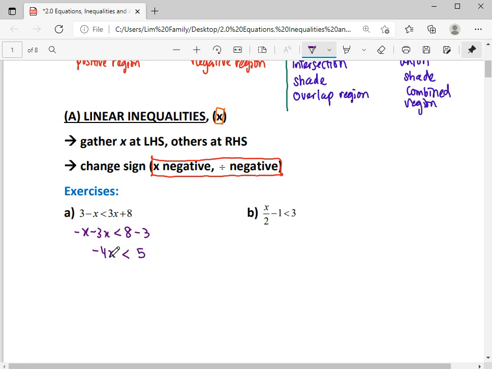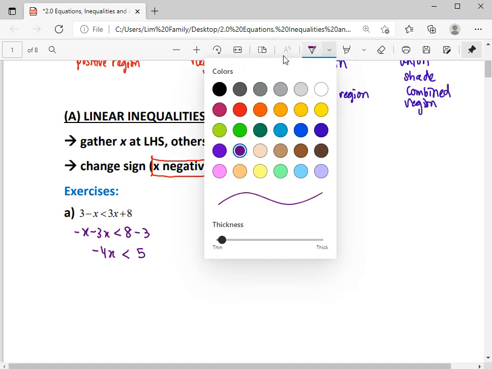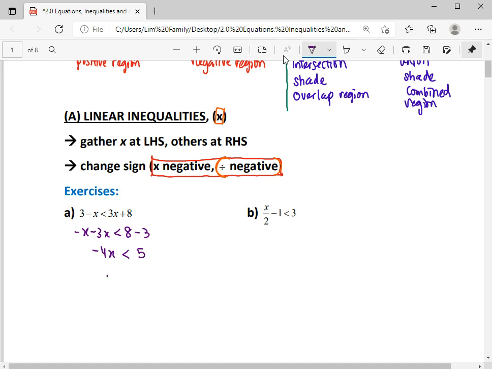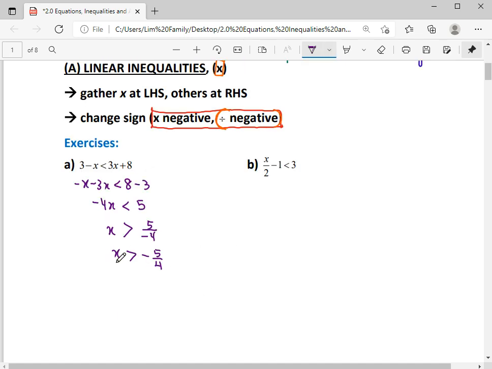At this moment we didn't change the sign yet, but for the next step we are going to divide by -4. What happens if we divide by -4? We have to change the sign. So at this step, dividing by -4, we directly change the sign, then simplify our answer. It will be x greater than -5/4.